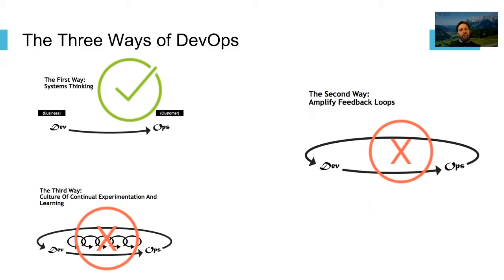The second way of DevOps is amplifying feedback loops. So once you've got this system perspective, you should build feedback loops that allow you to learn more about the system, improve the system over time. And then the third way is a culture of continual experimentation and learning.